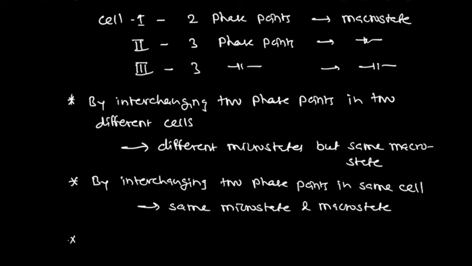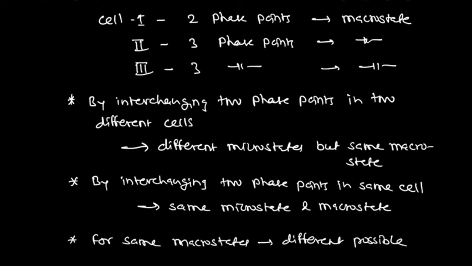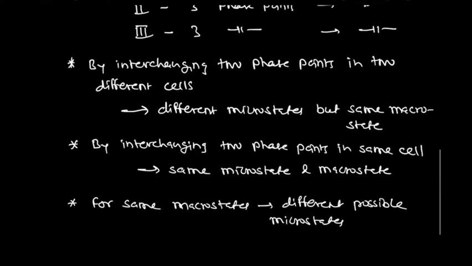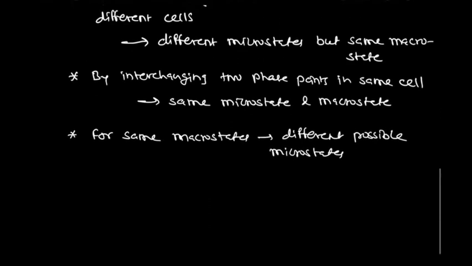In that way, for the same macrostate, we get different possible microstates by interchanging the different points in different cells. Now we consider another example.